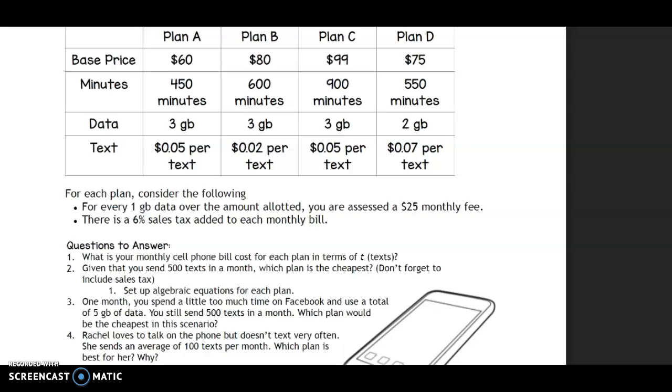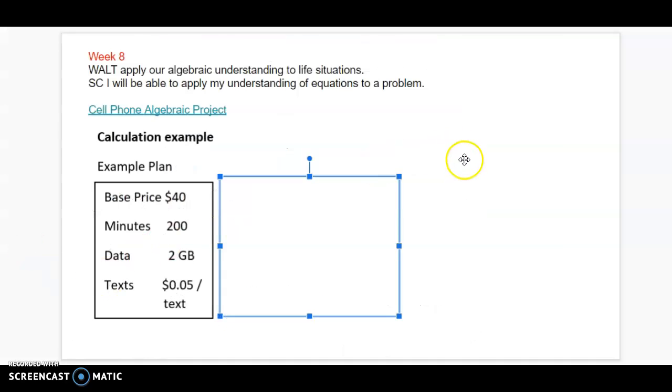If we have a look at the sheet that you'll be able to get access to straight through Divide and Conquer, I've made a little example plan here. For the purpose of this demonstration, I'm going to make the number of texts a smaller number.